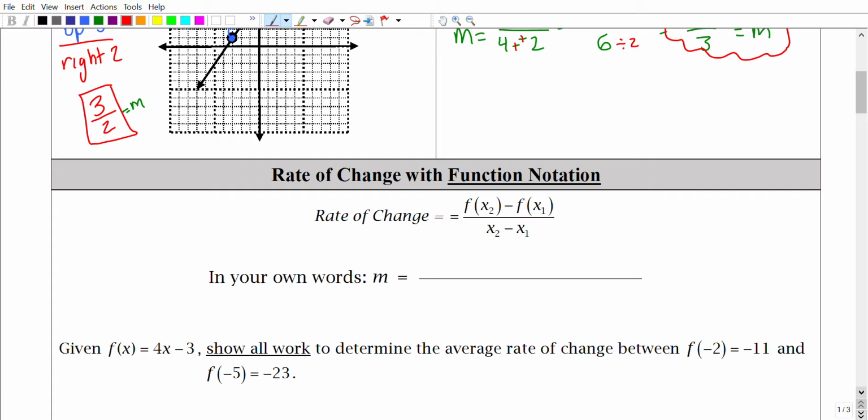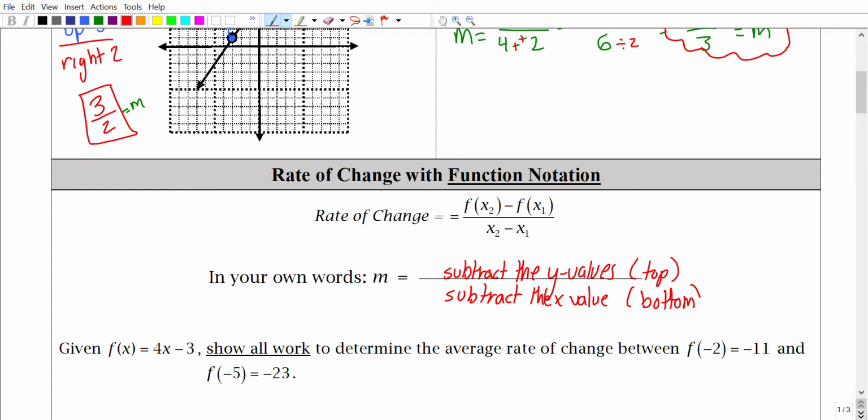It means that for the slope, we have to subtract the y values for the ones that are on top, over subtracting the x values.